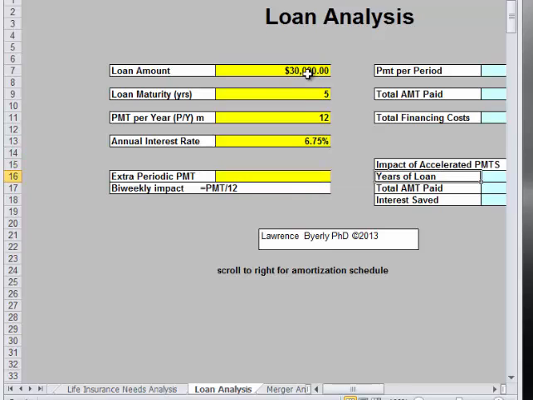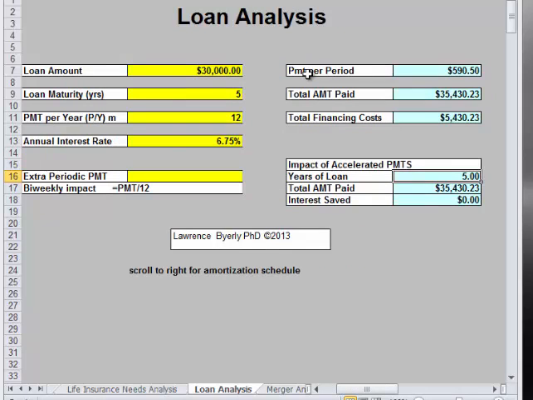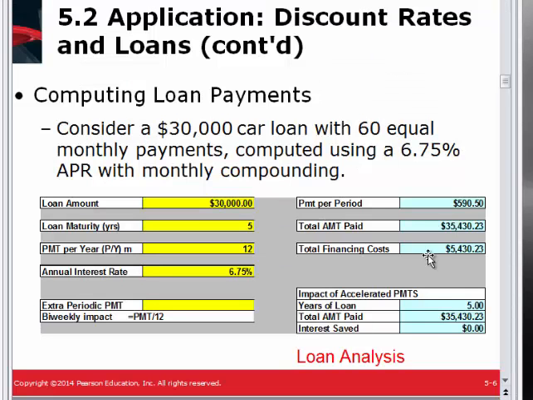And of course, what we can see now is the payment of $590.50. So what else can we get from this? If you don't make any extra payments, it's going to take 5 years to pay this off. The total amount you're going to pay is $35,000.